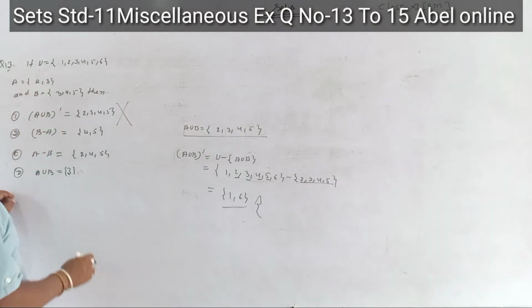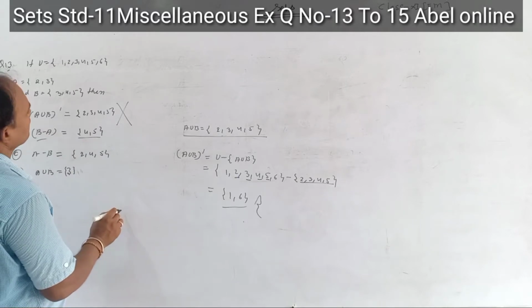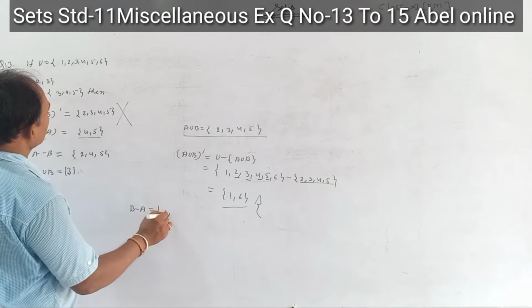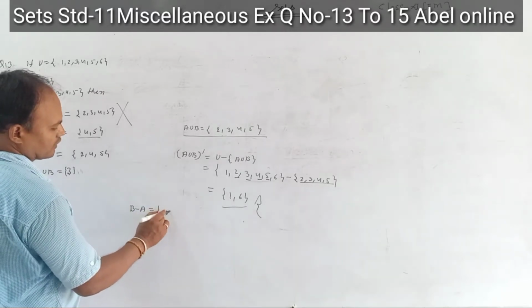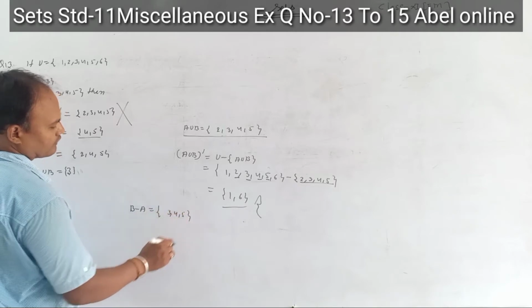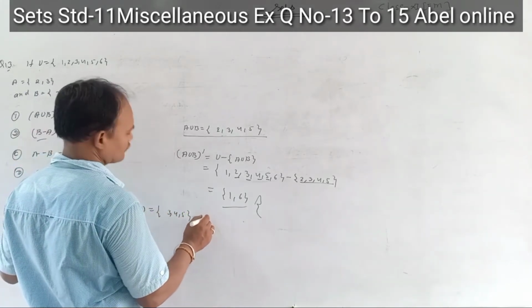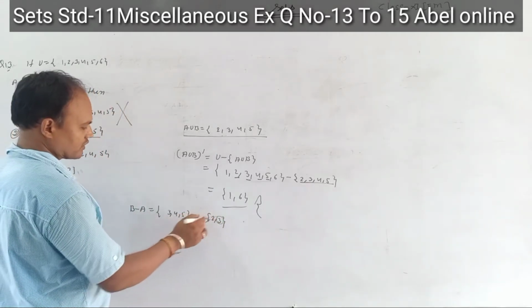Now the second one is B minus A. B is 3 4 5, and A is 2 3. So what is common? 3 is here and 3 is here.